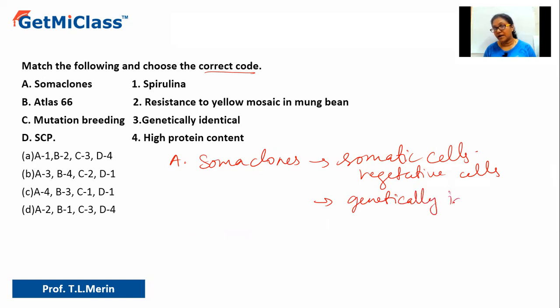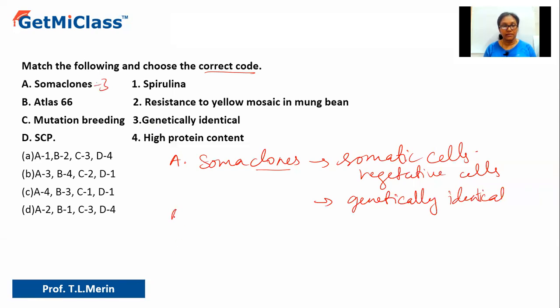That is why they are called somaclones. Clones means genetically identical. So A1 will go well with which one? 3, that is genetically identical.